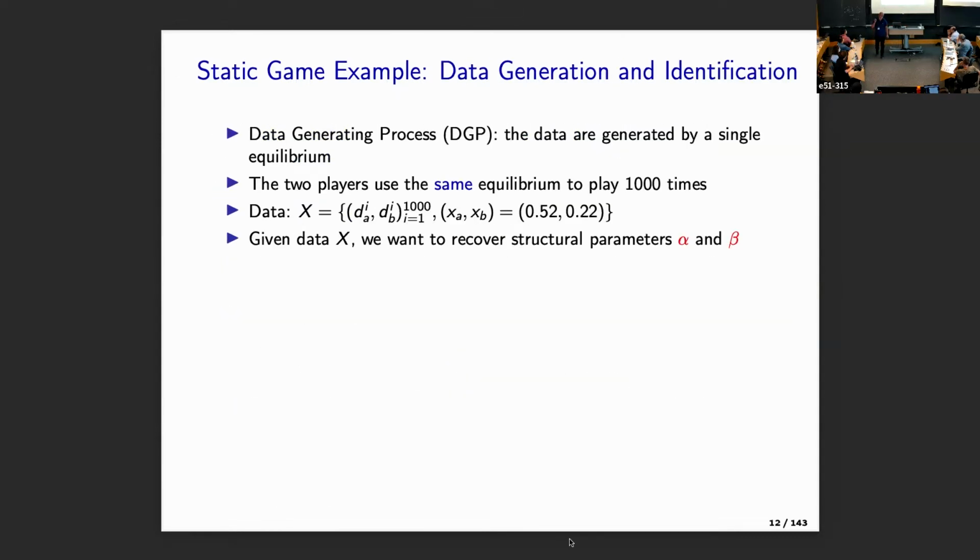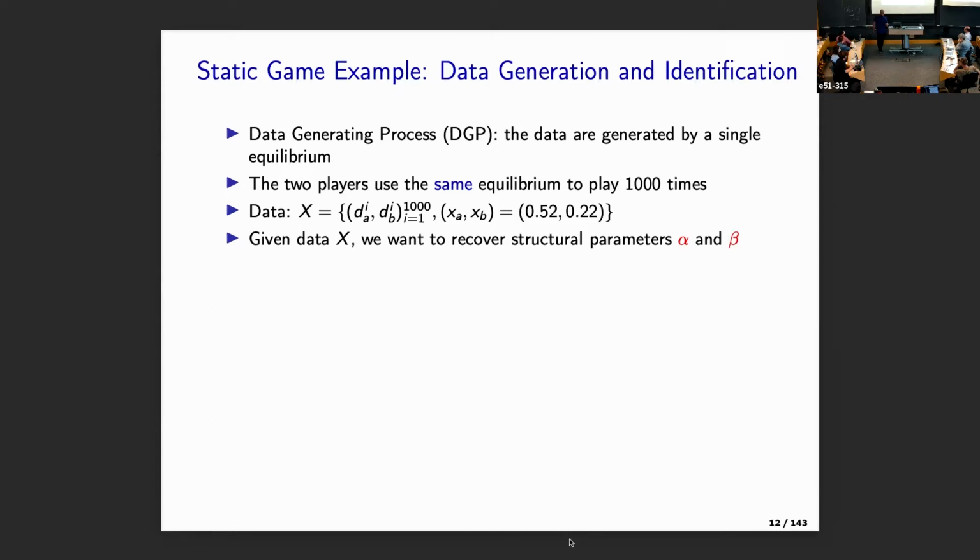We're going to look at a data generating process where the data is generated first by a single equilibrium. So one of these 3 equilibria that you see, we can generate data from these. That would be generating zeros and ones based on these choice probabilities, or investment probabilities, of firm A and firm B corresponding to each of these 3 different equilibria.